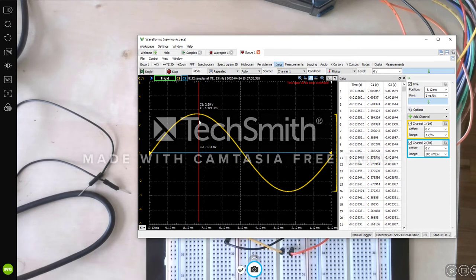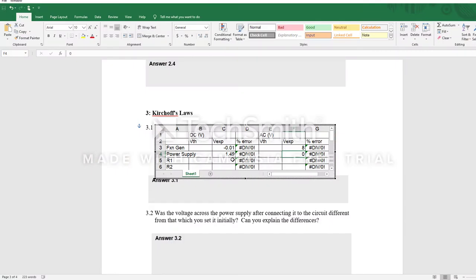Now its peak-to-peak voltage is around, let's see, 2.69 to minus 2.7, which is around 5.39 volts.